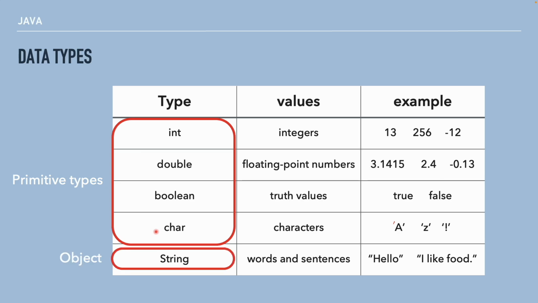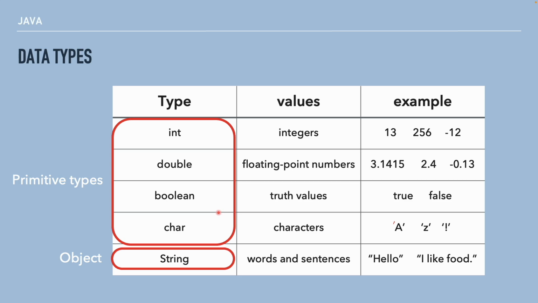The second is called an object data type. Object types are more complex. They store multiple values and also store methods together, and again, we'll talk about methods in more detail in later videos. So instead of holding the actual value or the actual data, they hold a reference, an address to where the data is stored in memory.